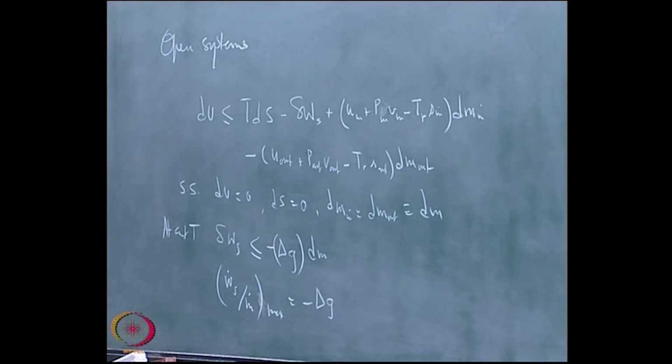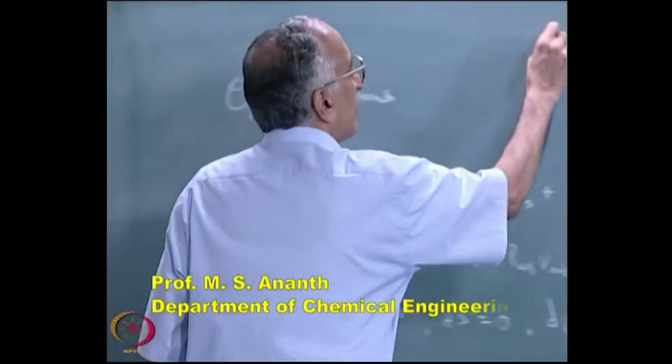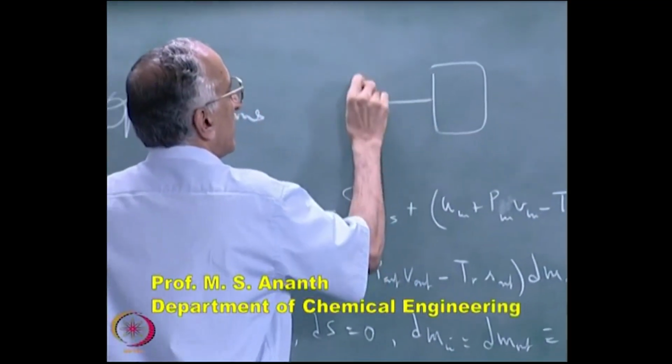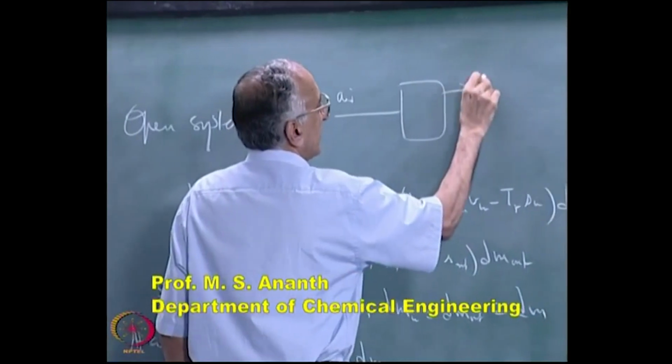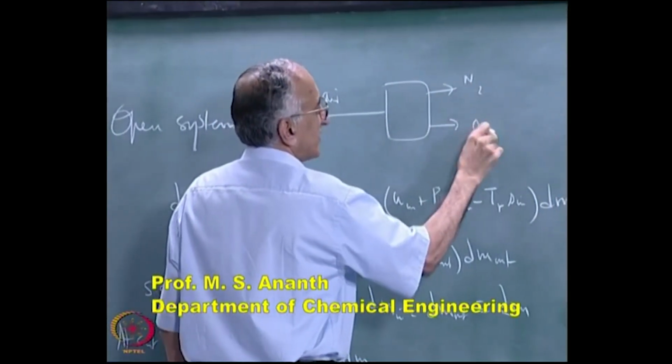The nice thing about thermodynamics is it's very nice for the student, but it's absolutely irritating for the industrialist, because here is a guy who has a huge plant that separates air into nitrogen, oxygen and all that, and you tell him, this is your process, air, nitrogen, oxygen.